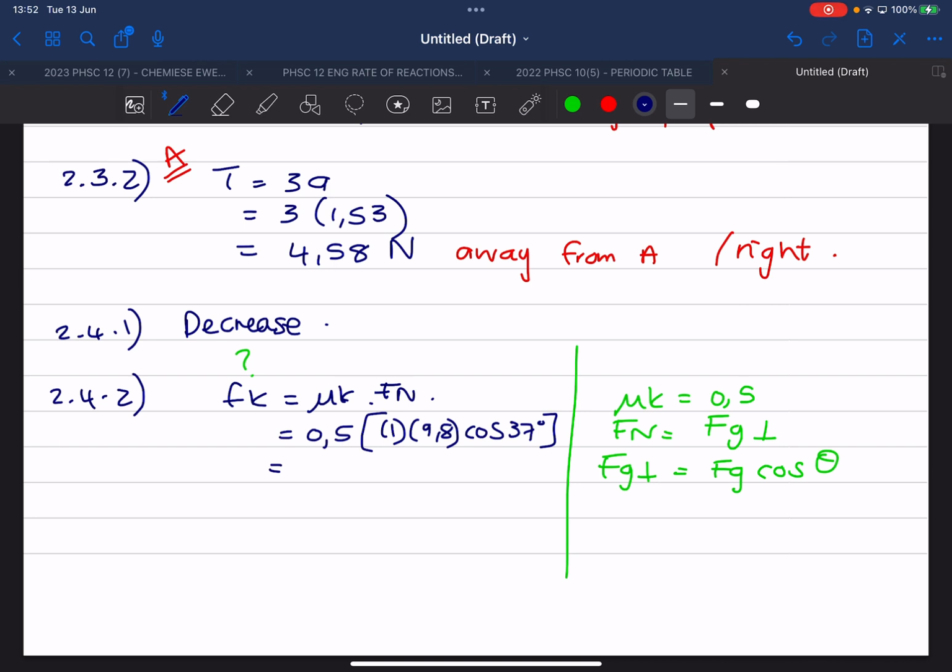En ek kry 3,91 Newton. Ons regting bytjie daar nie. Ja. En dit sal wees links, ja, links of af links, skuins links.